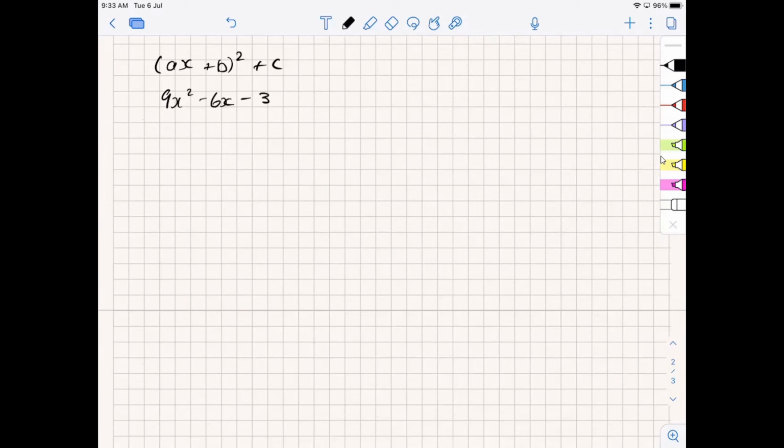The first thing I want you to notice is that the number in front of x squared is a perfect square. You're usually never going to be asked to write it in this form unless the number in front of x squared is also a perfect square, right? The wonderful thing about that is it really does help us to quickly put this inside the bracket.